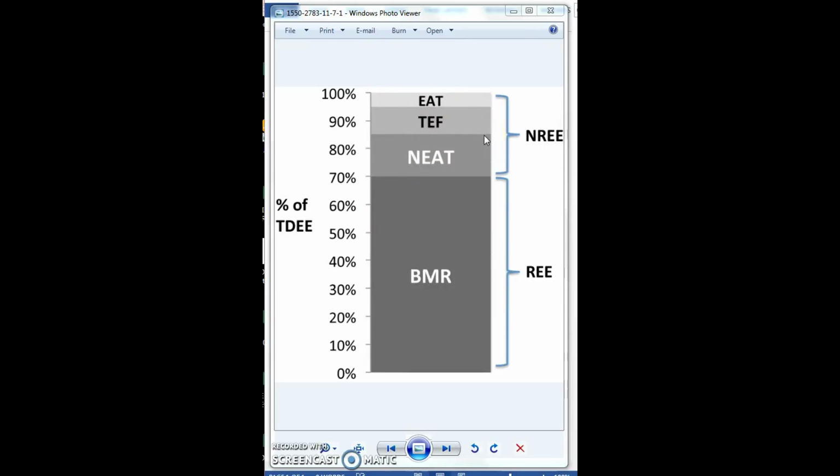Alright, so what I want everybody to understand is the body adapts to what you're doing, again, every 4 to 10 days. And when you're severely dieting, the non-exercise associated thermogenesis is what decreases the most. So when you diet down, or you're eating less calories, or you're trying a eat less, exercise more approach, what tends to happen is you see a huge decrease in metabolism because your body's always trying to adapt, right?